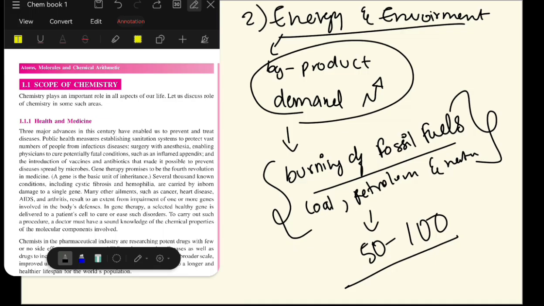And if we do not find an urgent replacement for fossil fuels, then we will not have energy. And energy supplies a lot of things in our daily life, which is a very dangerous, major issue in our current world. So we need to find an alternative.